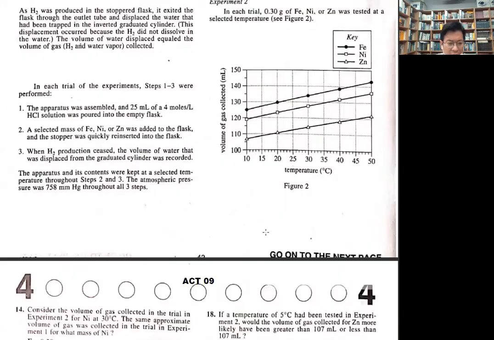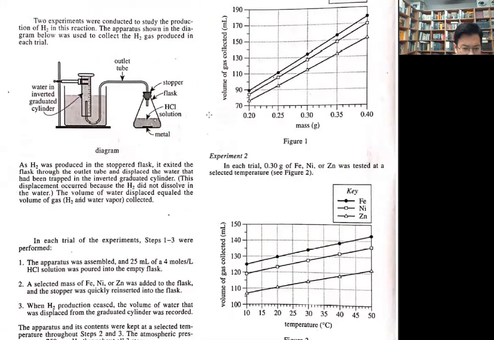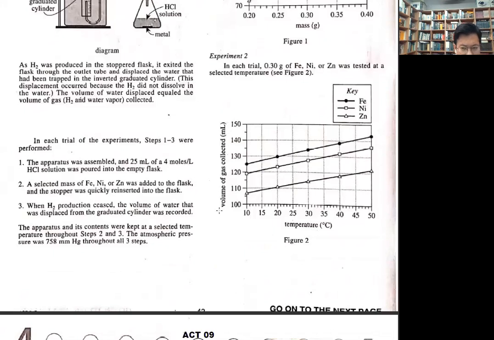Move on to next. Consider volume of gas collected in trial in experiment 2. Ni at 30 degrees. Same approximate gas was collected in trial of experiment 1, mass of Ni. Experiment 2, gas, Ni 30 degree.